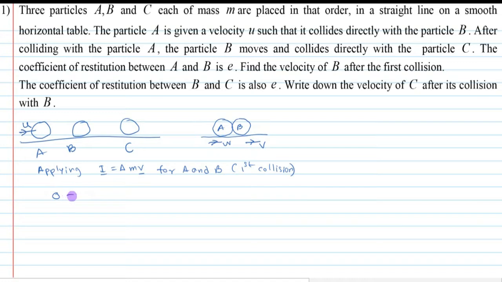Zero is equal to mv plus mw minus mu. We have v plus w equals u. This is the first equation.